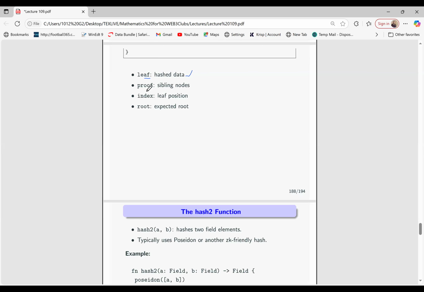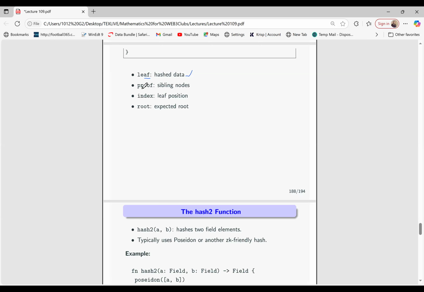Everything there is hashed, and that is just to hide the data for security reasons, making it secret.